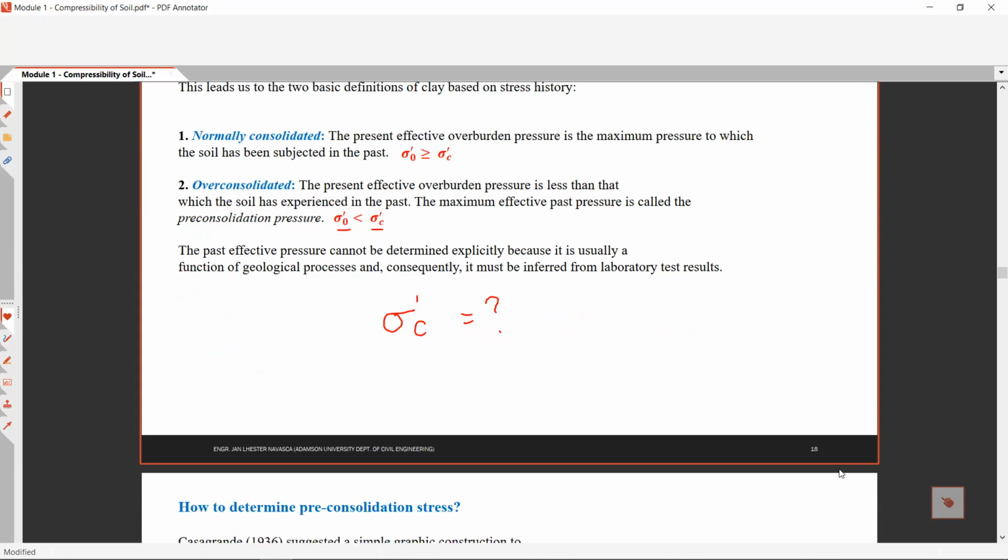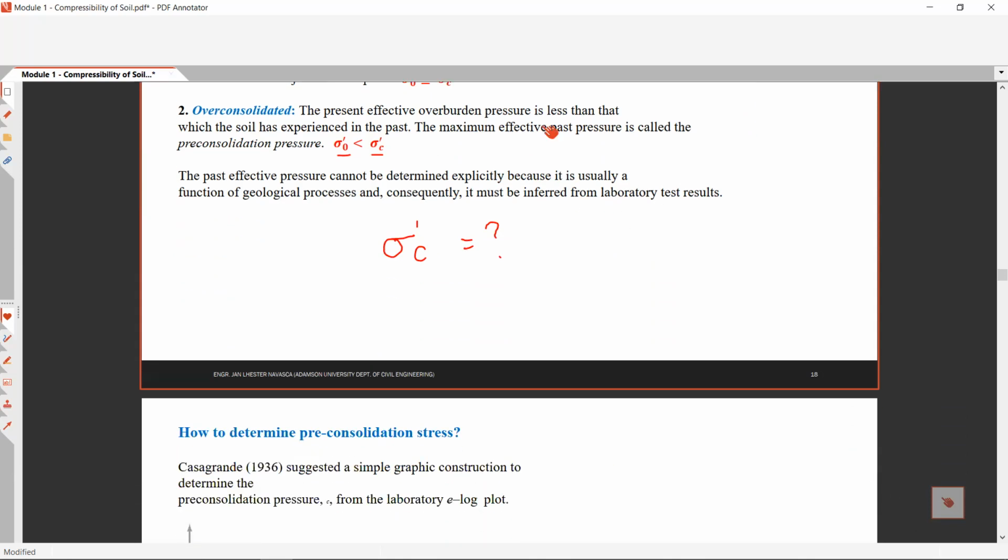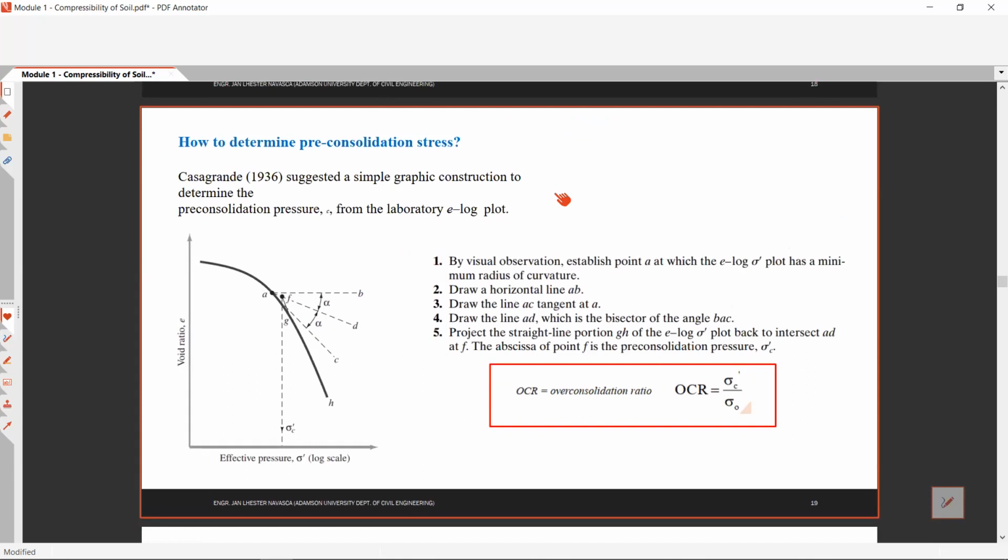To determine the pre-consolidation pressure, Casagrande, 1936, proposes a simple graphical construction from the e-log plot. Remember yung e-log plot natin kanina sa laboratory? The effective pressure and the void ratio.